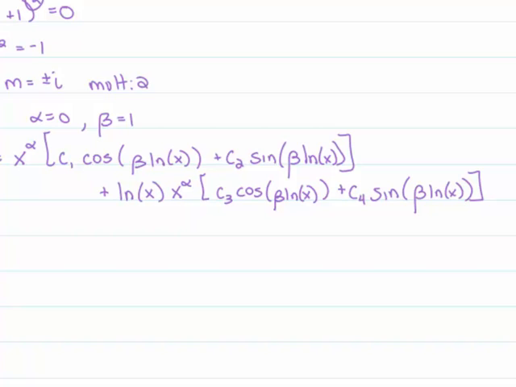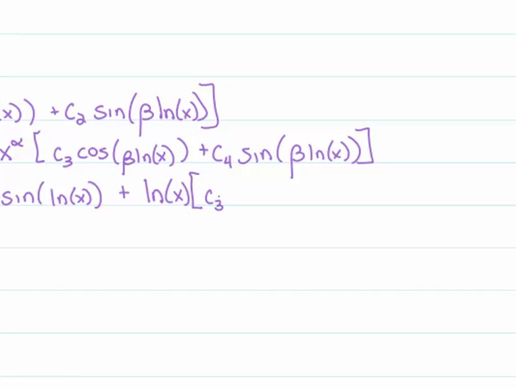So now we just have to insert the alphas and the betas, and again, alpha is 0, so those x to the alphas are gone, but beta is 1. So this is going to be c1 cosine of natural log of x plus c2 sine of natural log of x plus the natural log of x times the quantity c3 cosine of natural log of x plus c4 sine of natural log of x.